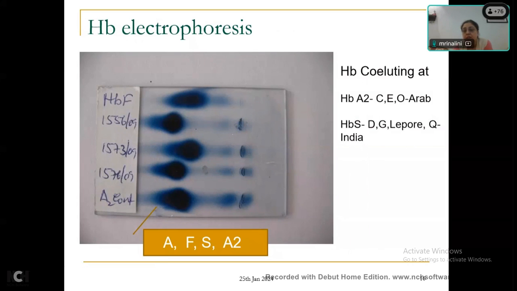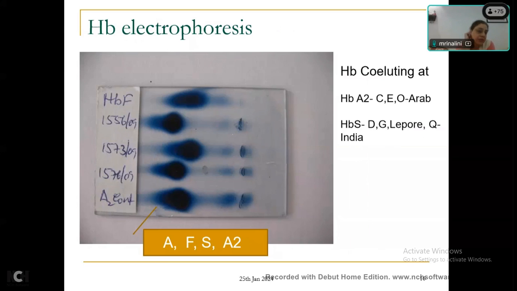Apart from HbA2, HbA and HbF, we have other hemoglobinopathies which are picked up. HbC, E and O all elute with A2, and there is an SD region just before HbF, where S, D, G, Lepore and Q India elute.